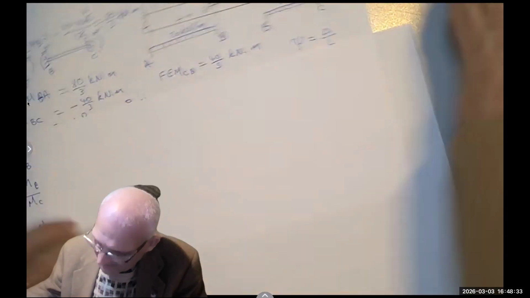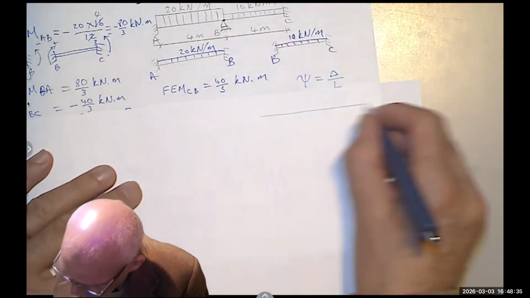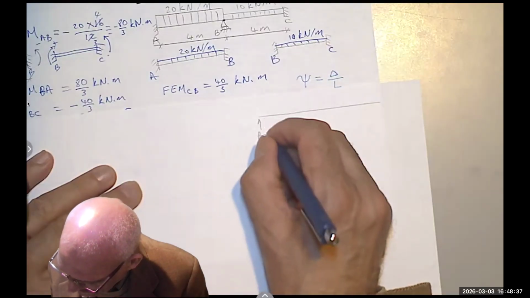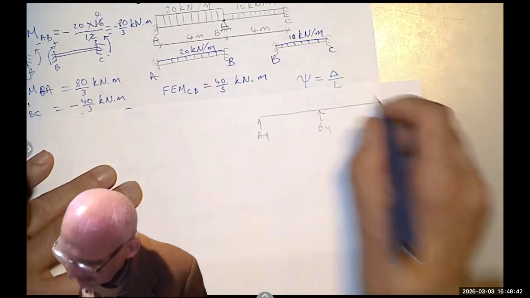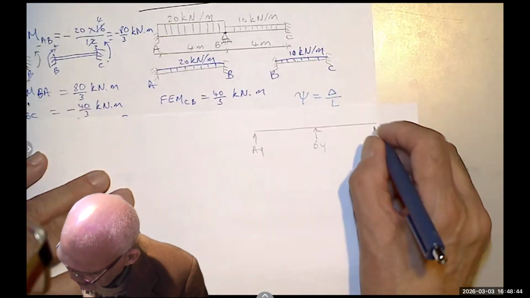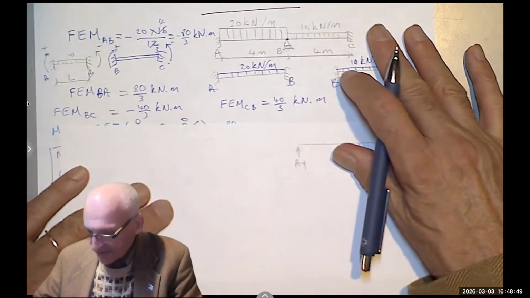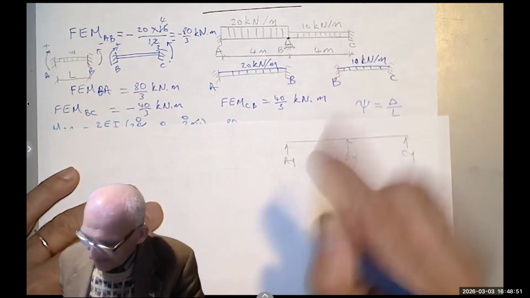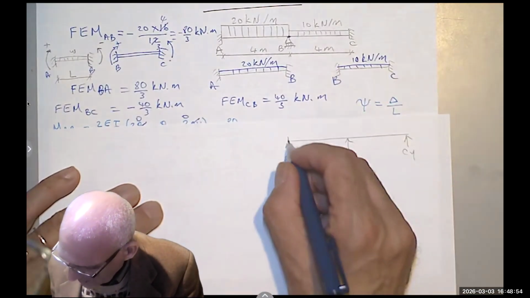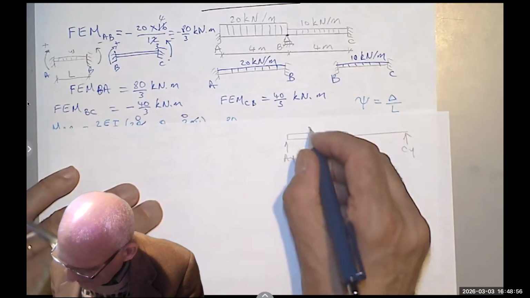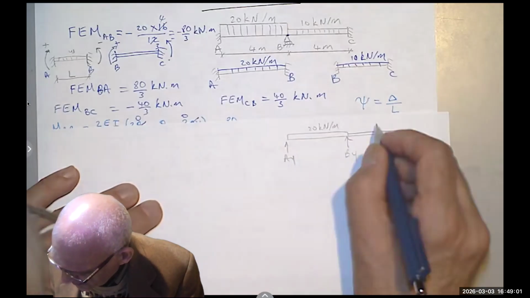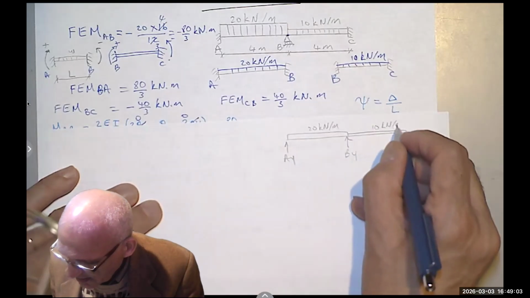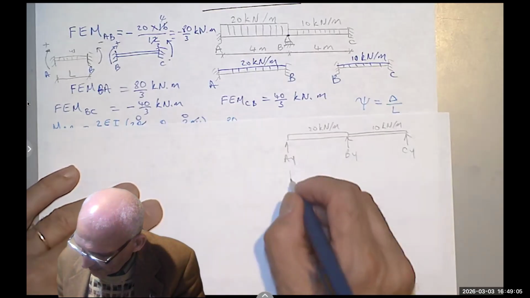So now I will have my beam, AY, BY, which I said I assume it's 60, and CY, just because this problem is distributed symmetrically. I have here the 20 kilonewton per meter, and here the 10 kilonewton per meter, and 4 and 4.